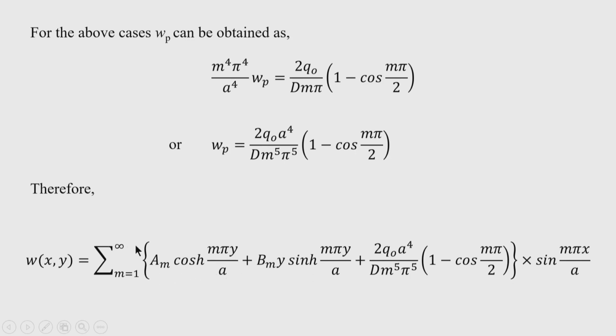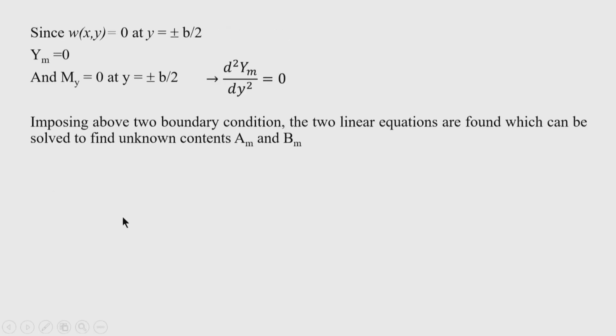Once you get the deflected series, you can go for finding the bending moment and shear force etcetera, whatever you like. Okay. Now, let us come to another problem, because the boundaries are taken as simply supported condition.